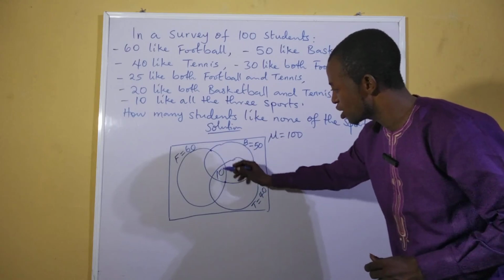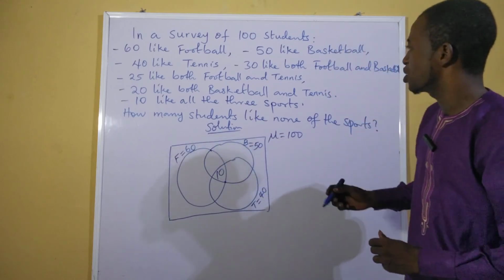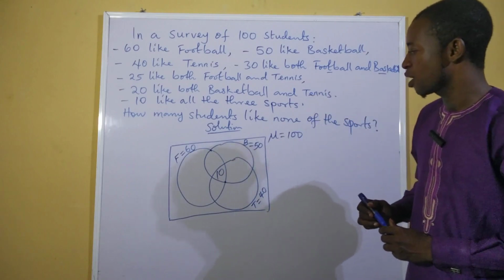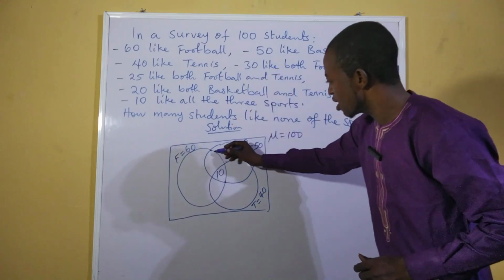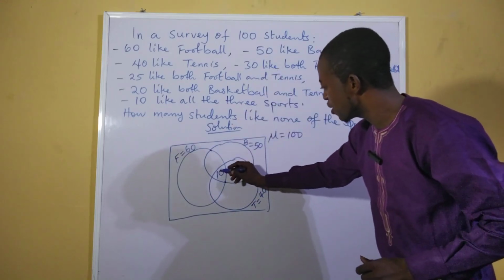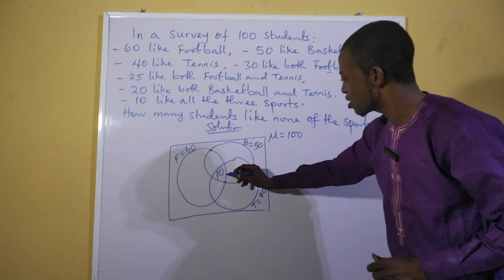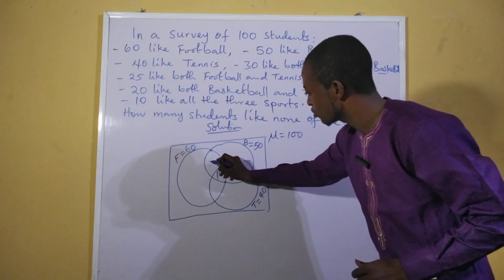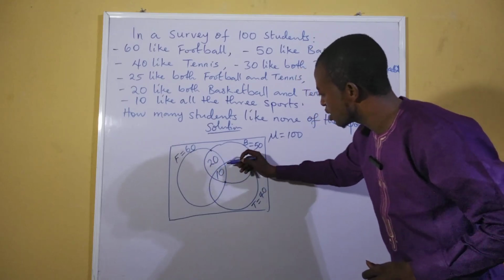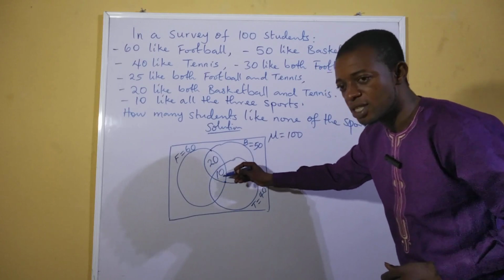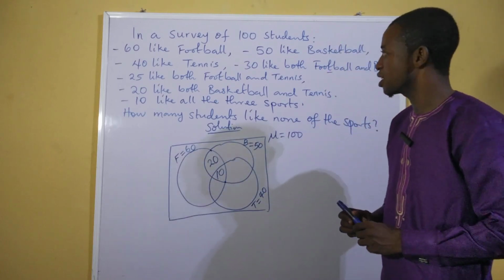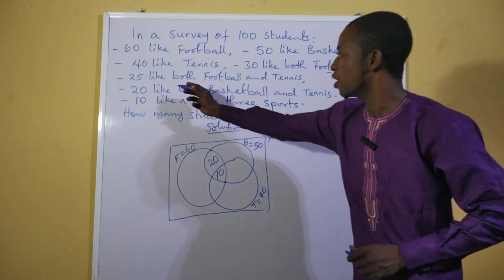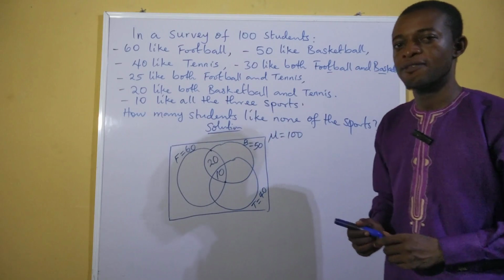So from here to here is the region for football and basketball. That means everything here should be 30, and we already have 10. So subtract 10 from 30, and this will remain 20 here, which implies altogether here we are having 30.